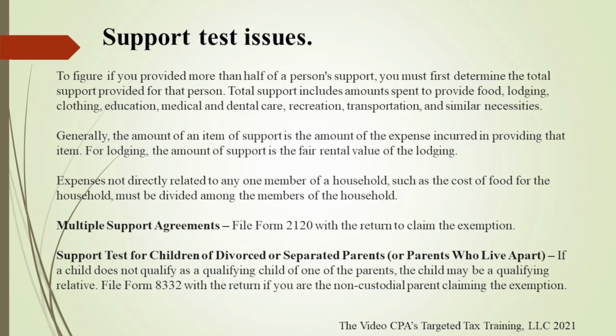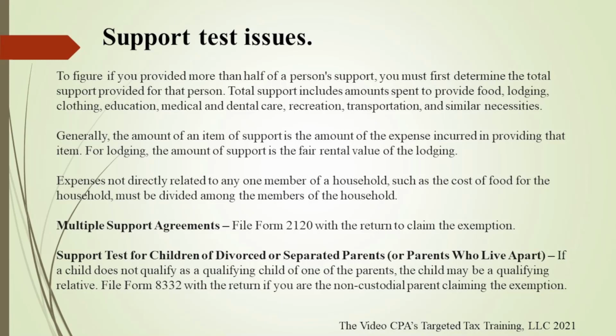Okay, so the difficulty here, I mean, the dependency exemption is very easy for most people. If you've got a family where you've got a husband and a wife and biological children from that family, then it's very easy. You just count the kids, and they've lived with you all year long if you're raising them, and there you go.